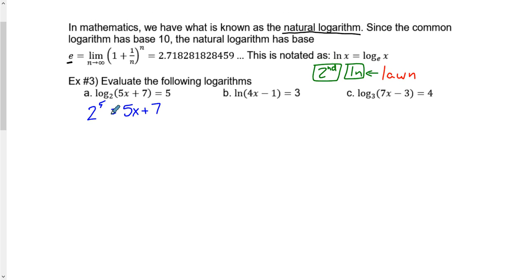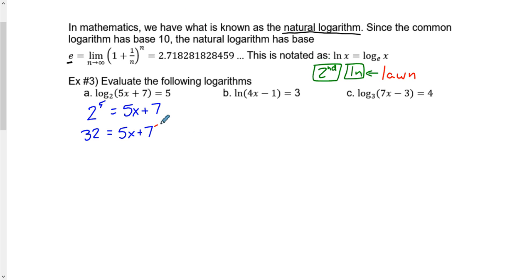Before we get there, 2 to the power 5 is 32. And I just need to write a little bit slower. So 2 to the power 5 is 32 equals 5x plus 7.